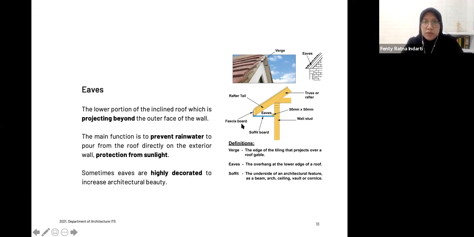In classical or vernacular architecture, you can find that the eaves are really full of decoration, because this area is not very structural, but it's important so that you can put decoration on it.